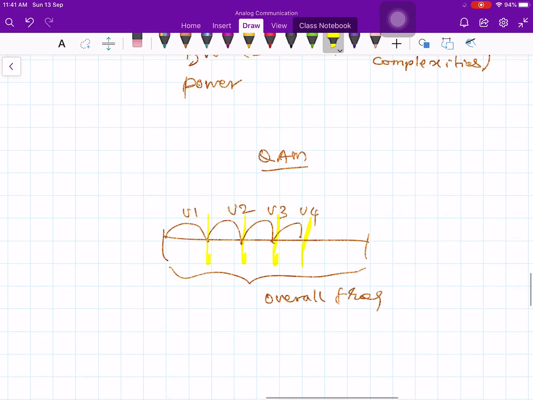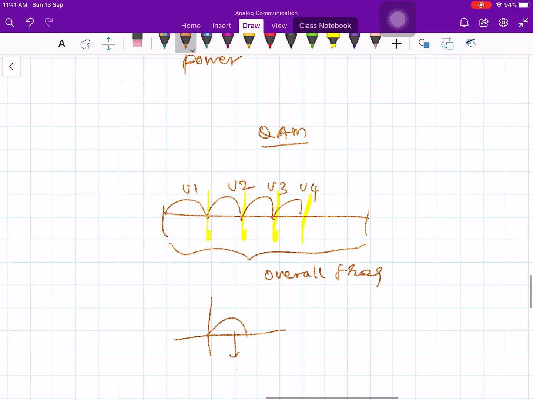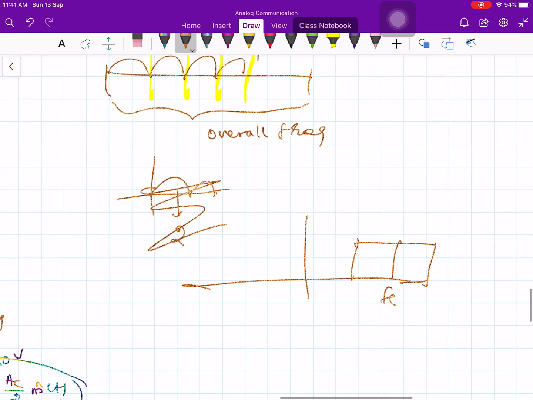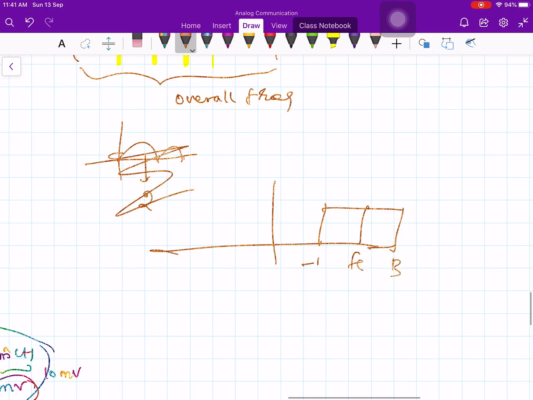Sometimes you have the same available bandwidth like this, and in this you want to send two messages. If you recall from your DSBSC, this is fc, and this is B and minus B. Now what you do in this case is transmit in this bandwidth of 2B, again sending two signals, say m1 and m2.